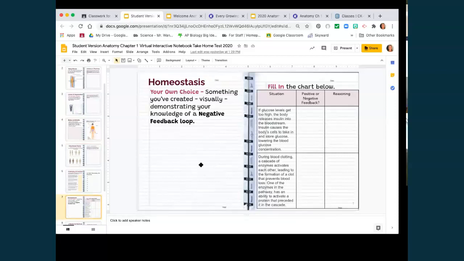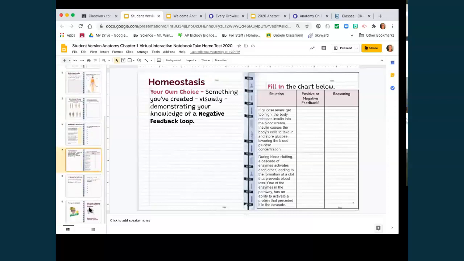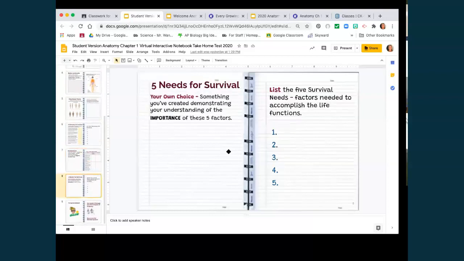I should be able to tell from your drawing, I don't want a cut and paste picture from the internet. You can draw with this, or you can draw on a piece of paper, take a picture and upload it and put your pictures here. For any of those that say create your own, you can just upload a picture of your own creation.